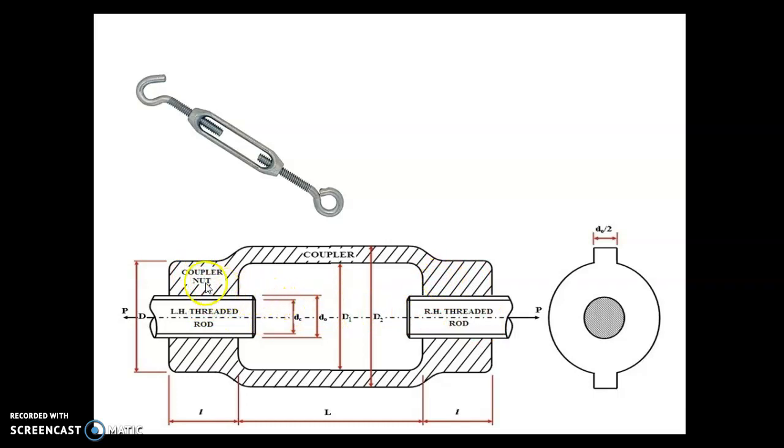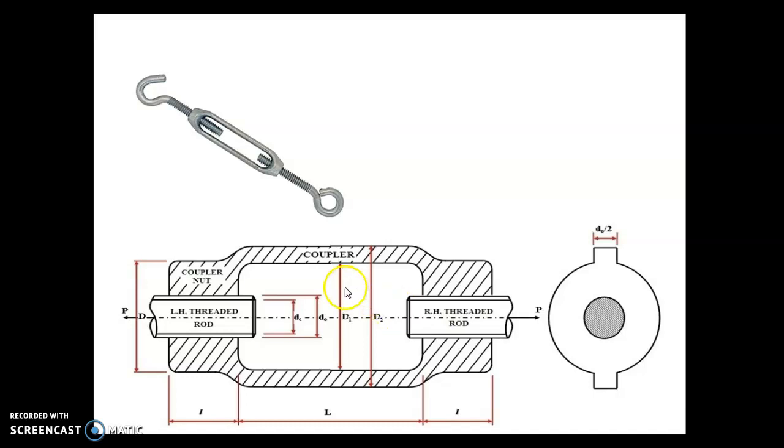Due to this type of threading, if we induce a clockwise moment at the coupler, then this rod and this rod will get close to each other, and if we induce the opposite moment, then these two rods will loosen, that is, they will depart from each other.